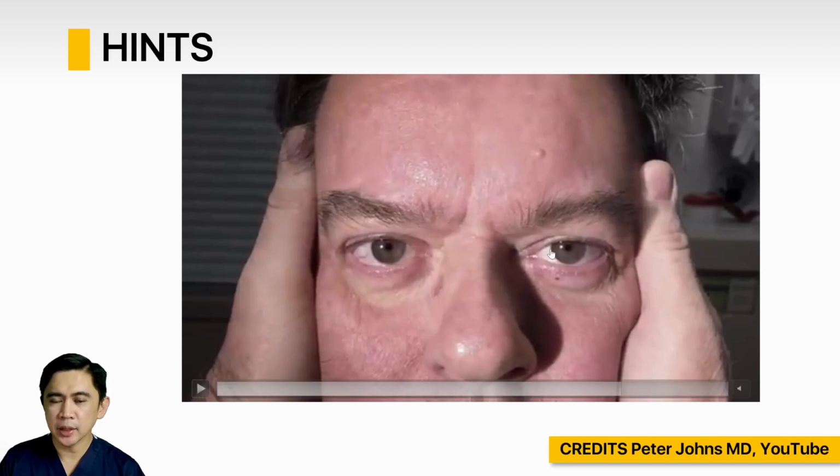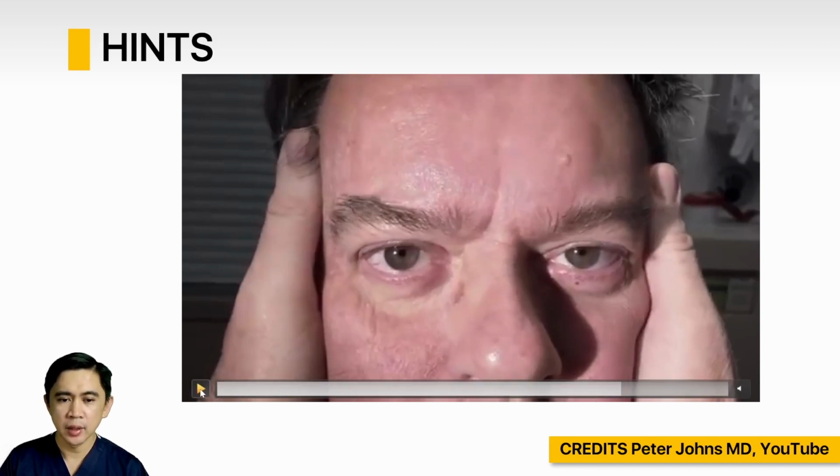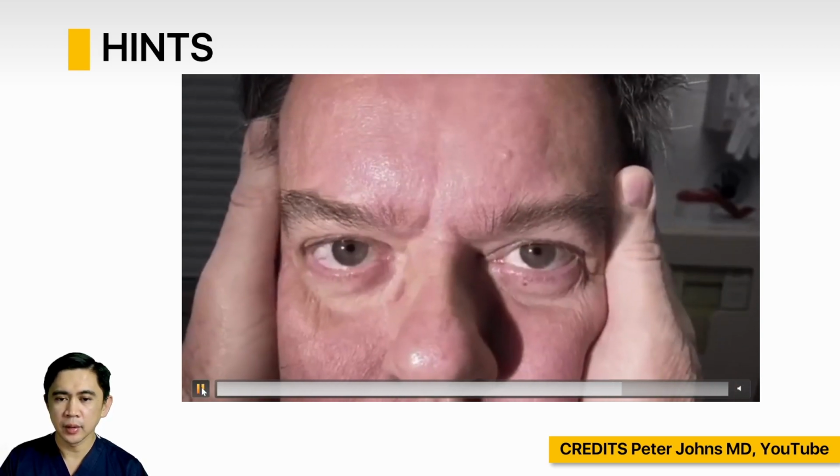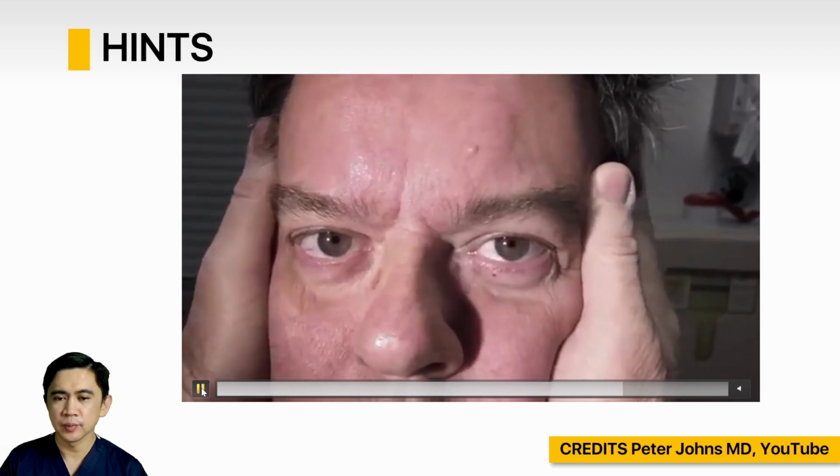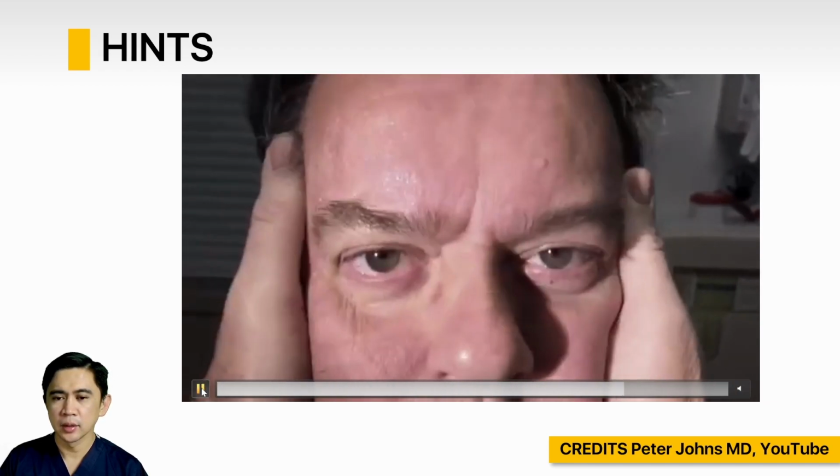When we turn the patient's head to the right, there is a corrective movement in the eye, or corrective saccades, and this implies a peripheral lesion, not a central lesion. Take a look at the eyes when we turn the head to the right. Okay, do you see that? Okay, one more.